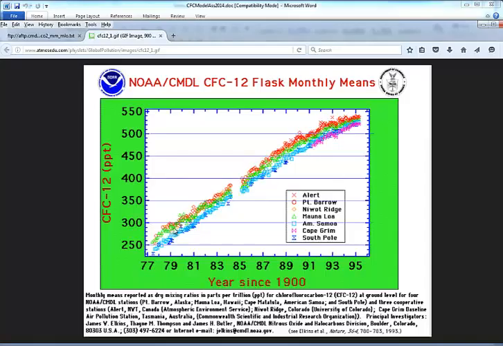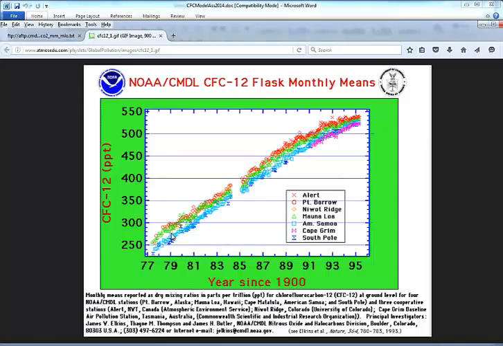The green triangles are Mauna Loa, and the blue squares are in the southern hemisphere, American Samoa, and then there's some data from Cape Grim and the South Pole. But to get the estimate of global average CFC12 concentration, let's pick a value between the Mauna Loa and American Samoa, right here in this white region.